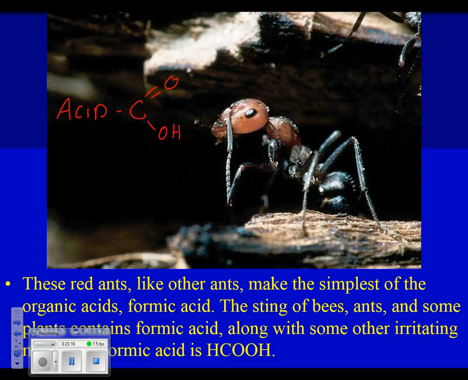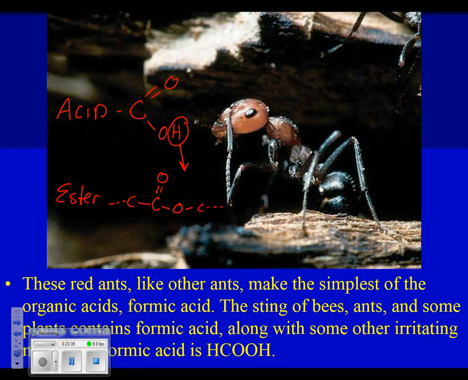And since it's an acid, it will lose that hydrogen. Not any of the other hydrogens, but the hydrogen that's attached to the oxygen. Okay? An ester has a carbon chain coming this way, a carbon attached to a double bond oxygen, a single bond oxygen, and then another chain going that way.